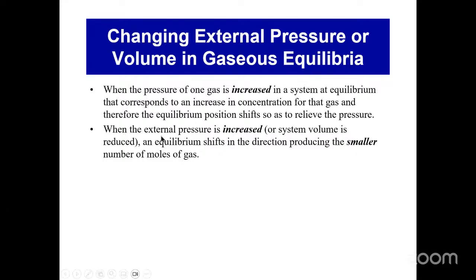It says when the external pressure is increased or when the system volume is reduced, because of course you know that there's an inverse relationship between pressure and volume, the equilibrium will shift in the direction producing the smaller number of moles of gas. Because if you are increasing the external pressure, the system will reduce the total pressure by shifting in the direction which produces fewer gas molecules.